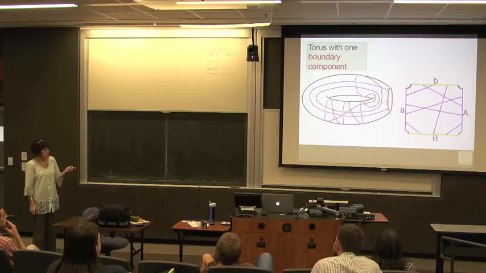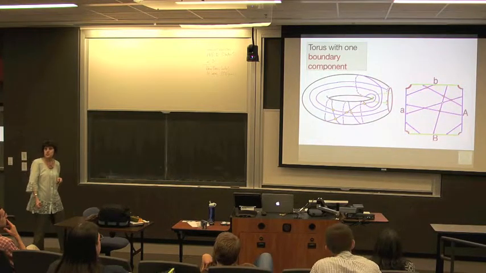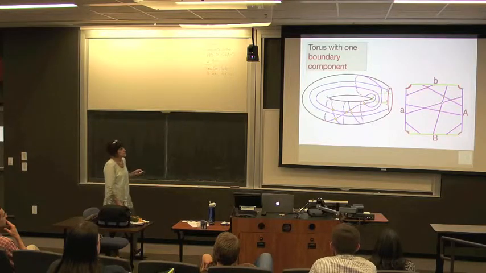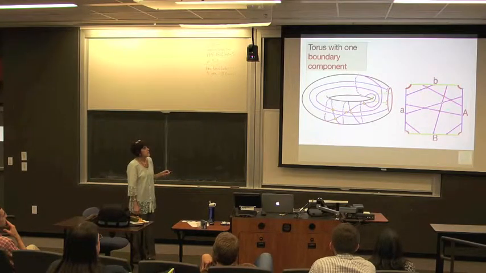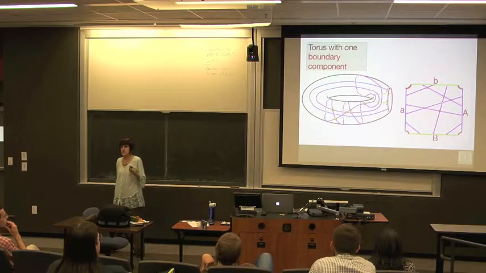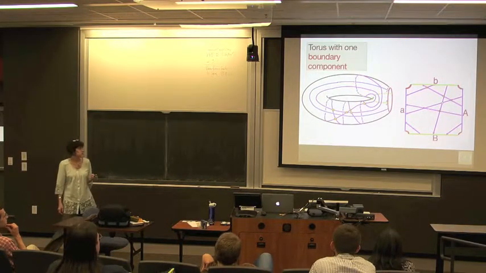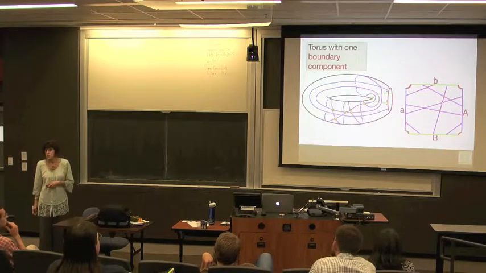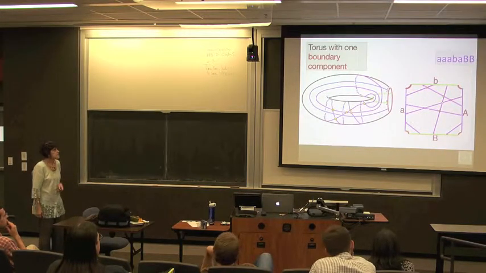Now, once we have the curve written like this, this gives us a set of preferred generators of our surface. The generator labeled by A will start somewhere here, go around, cross the edge labeled by A, enter at the same point, and come back, and same with the generator labeled by B. So this way of cutting picks a pair of generators. And when I pick a pair of generators, every free homotopy class gets a label.